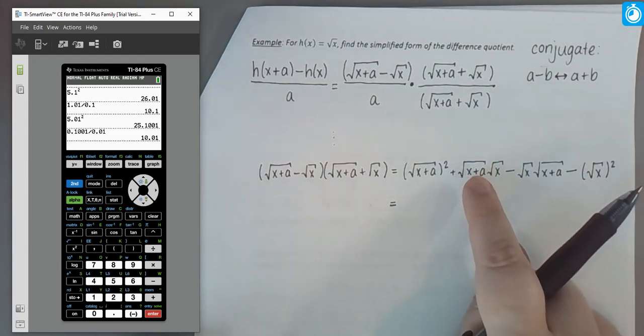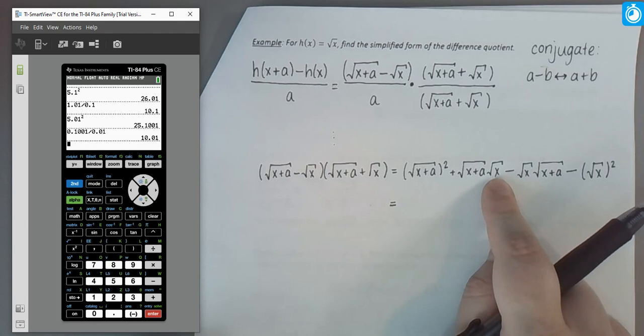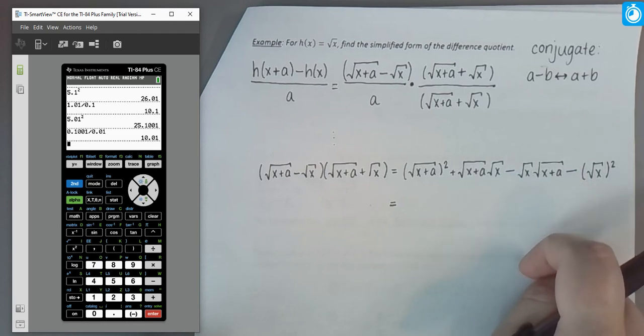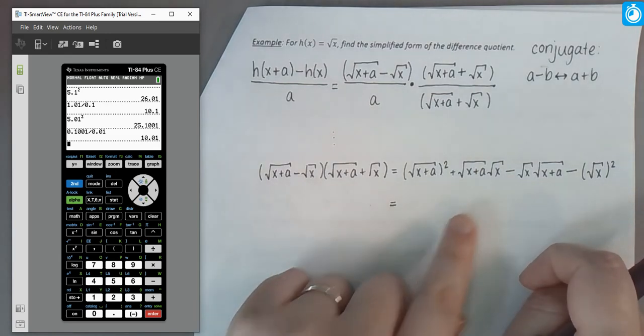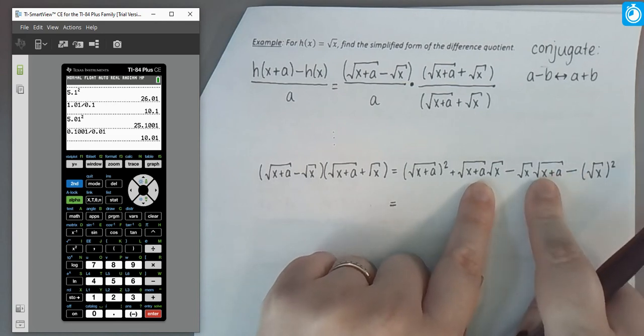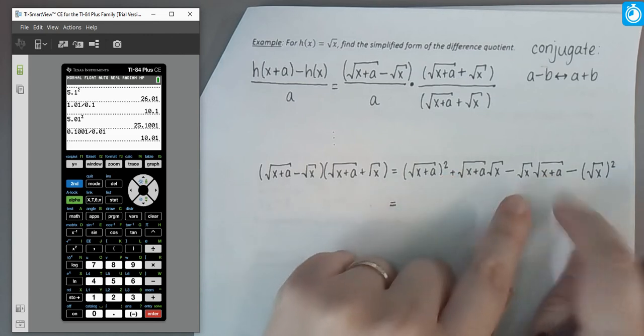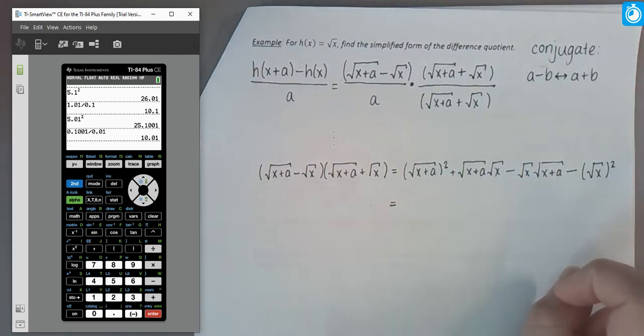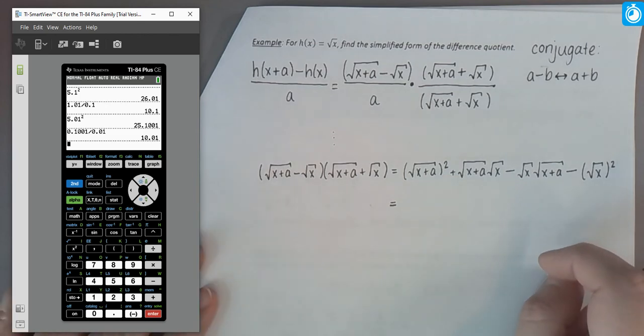Now before I write anything down though, let's look at the other two terms. We now have square root of x plus a and square root of x, square root of x and square root of x plus a. So just like with that first example where it was xh and hx, remember multiplication, the order we do it in doesn't matter. So these two terms both have the same factors, the same components, and one's added and one's subtracted. So just like before, they combine, but here they combine in a different way.